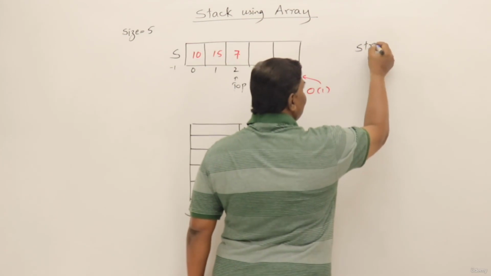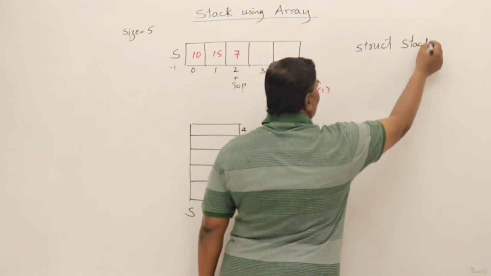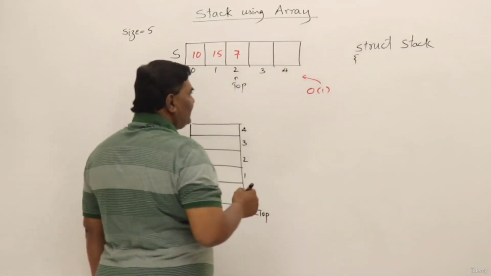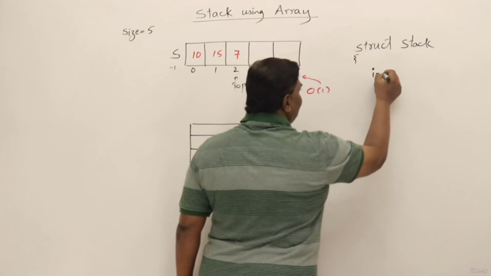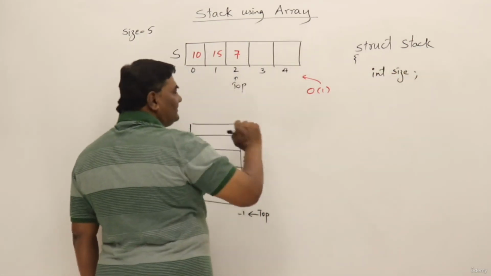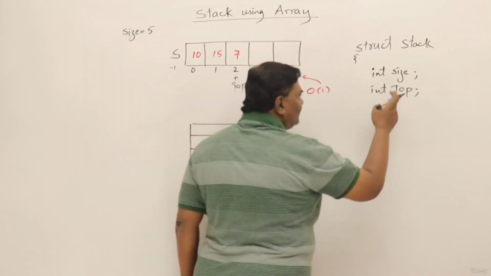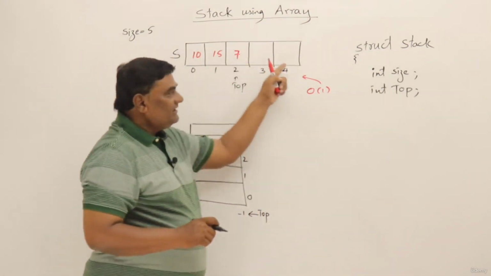I will define a structure for stack. Let us call it a stack. Then what are the members we require? First, I will take size, integer size. Then also I will take top pointer also, top pointer. So this is top. Then I need an array.